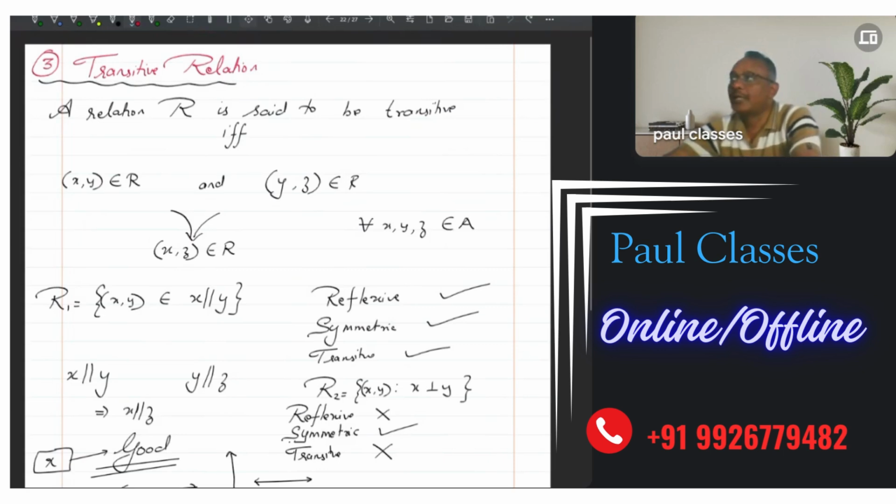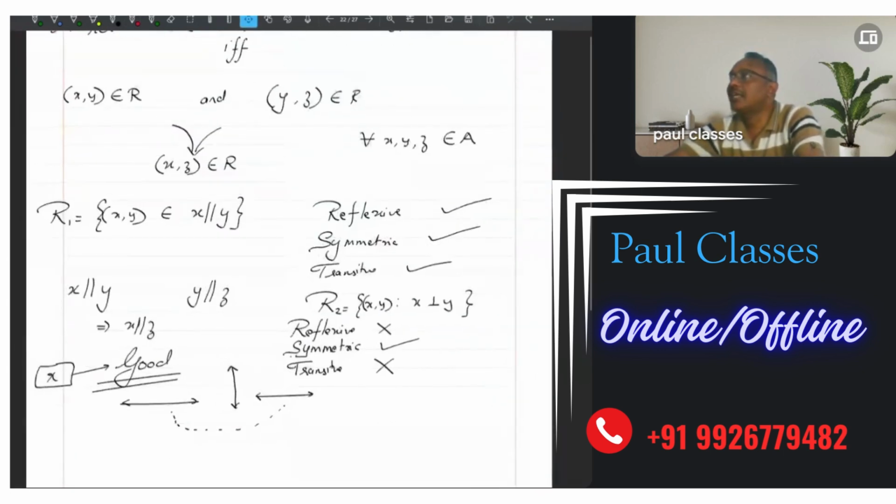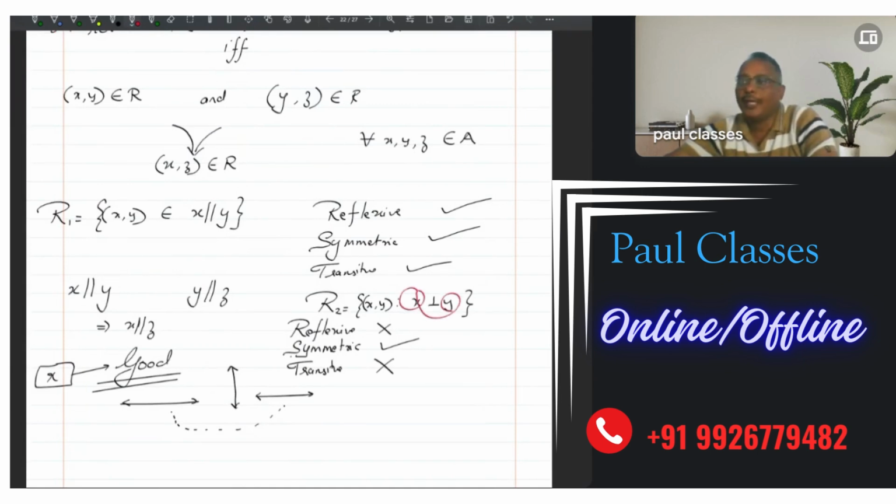Understood? But if I take the case of perpendicularity, X is perpendicular to Y, so Y will also be perpendicular to X. So it is symmetric. But one line cannot be perpendicular to itself, not reflexive. But transitive?